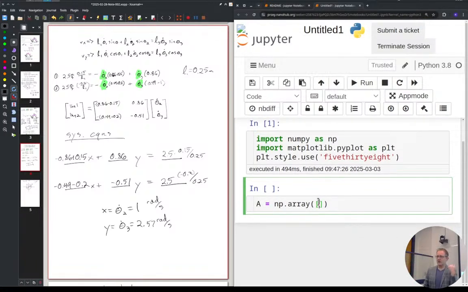For the left-hand side of this system of equations, what you did in the calculator was set up a matrix for the calculator to solve. So we're going to plug that in directly. A is going to be rows 1 and 2, a 2 by 2 matrix. The first value is negative 0.86 plus... I need 2.